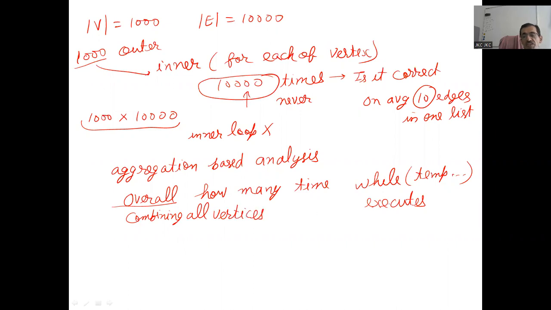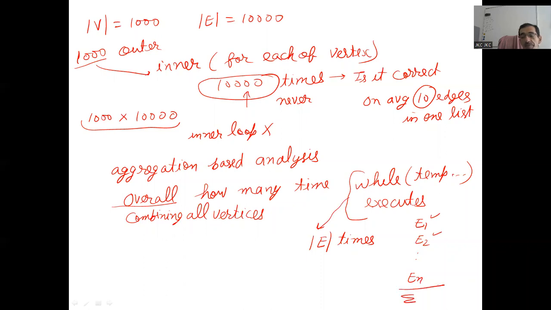Can I tell by aggregation? Yes, you can easily tell overall how many edges there are, and all of them are distributed among these adjacency lists. This is going to be exactly E times. For a certain list it could be E1 times for the first adjacency list, E2 times for the second, En times for the last one.